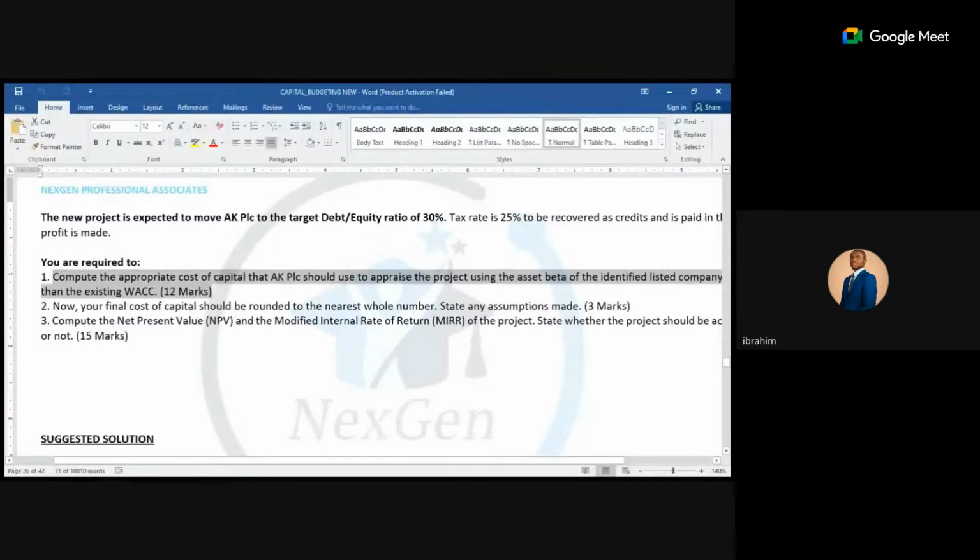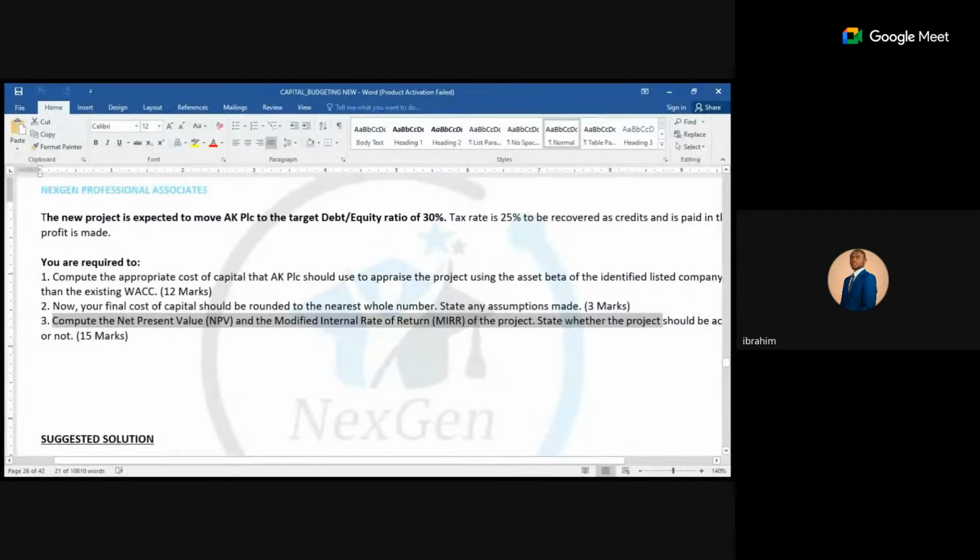Next, your final cost of capital should be rounded up to the nearest whole number. State any assumptions. Then compute the net present value and the modified internal rate of return. State whether the project should be accepted or not.